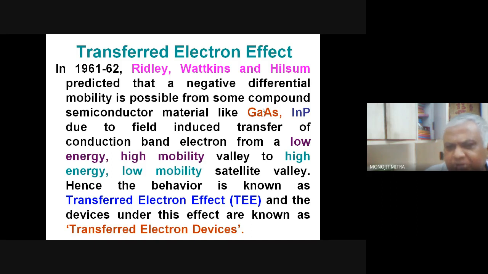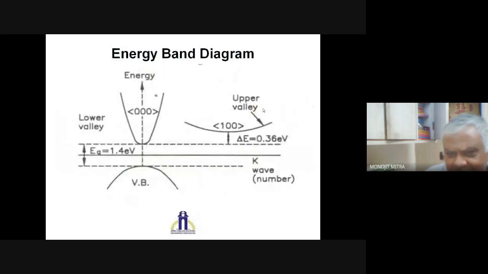The most important thing is that, as we discussed in the last class, this is the energy band diagram of gallium arsenide, and you will find a similar diagram for other compound semiconductors. But the point of our interest is the conduction band value.